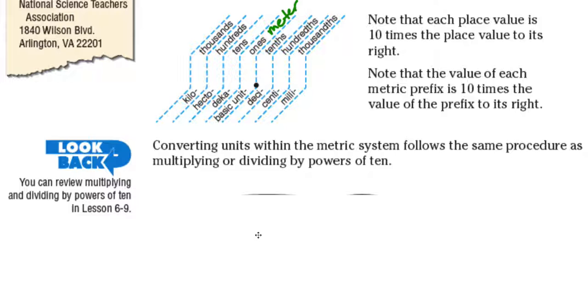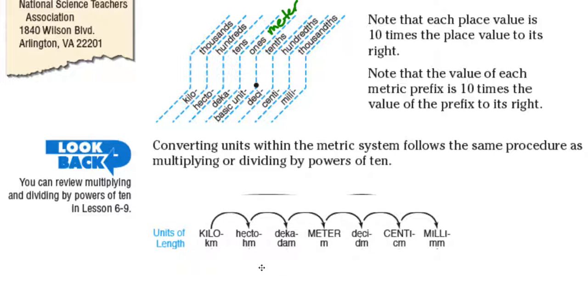So this is our metric system right here. Units of length: kilometer, km; hectometer, hm; decameter, dam; meter, m; decimeter, dm; centimeter, cm; and millimeter, mm. Every single time you move from one unit to the next, that would be multiplying by 10.